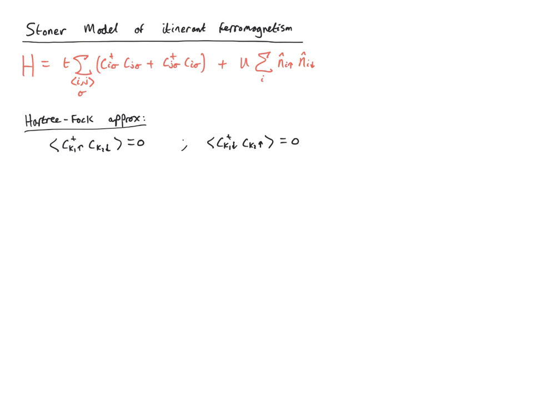And furthermore, we'll assume that the scattering is on shell, meaning that we only consider the pieces diagonal in K1 and K2. However, as you can see from here, we do allow the average population of the K1 up spin orbital to be different from the average occupation of the K1 down orbital. And this is precisely what we're trying to achieve.